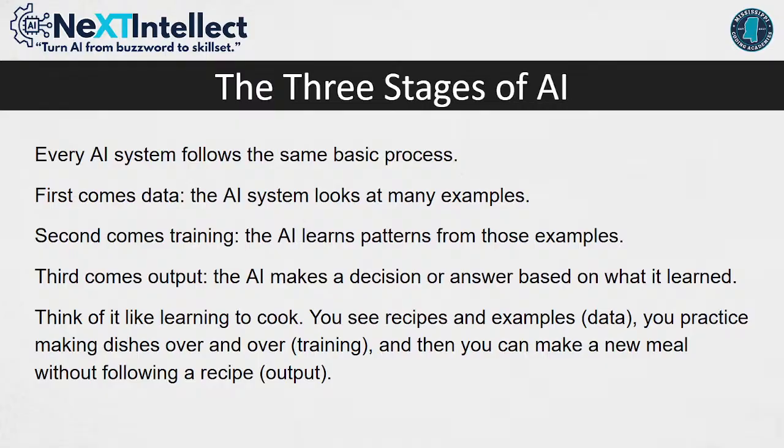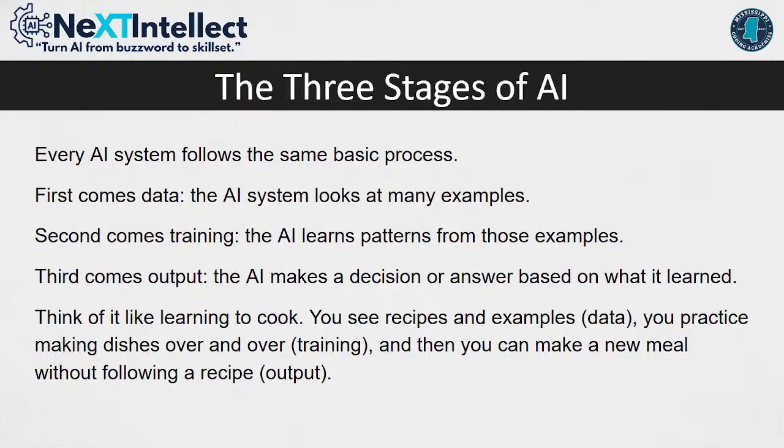So the three stages of AI all follow the same basic process. First comes the data, being trained, having many examples that are labeled. Second comes the training: AI learns patterns from all the previous examples.